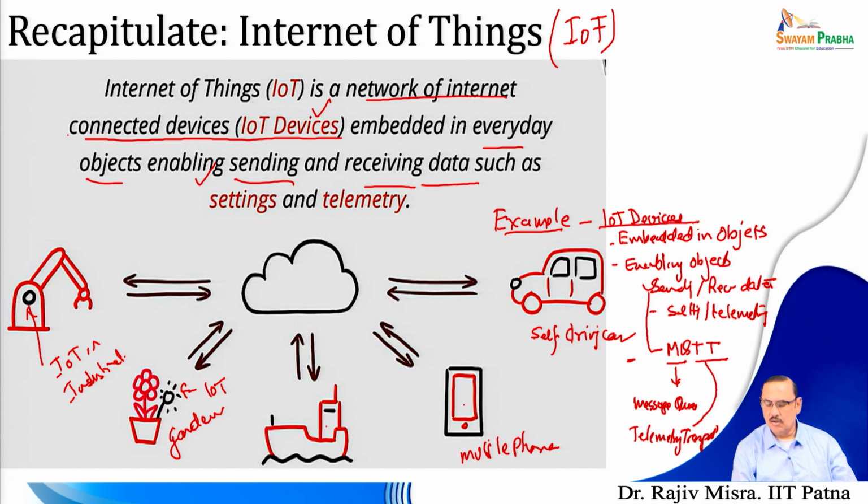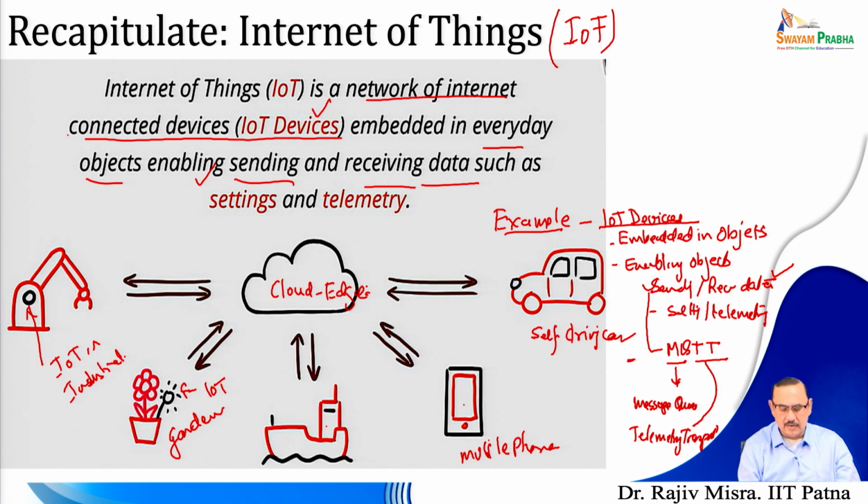So, this is all about the Internet of Things devices. Now, when you say that they are sending and receiving the data, where they are going to send, which is shown over here, it is the cloud and edge system.